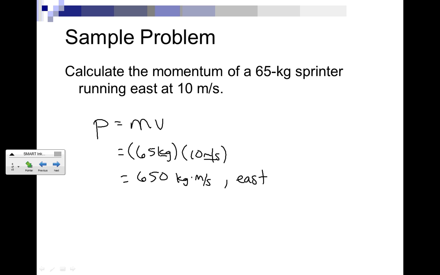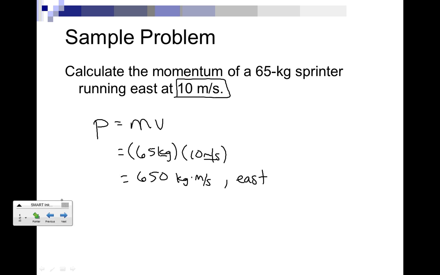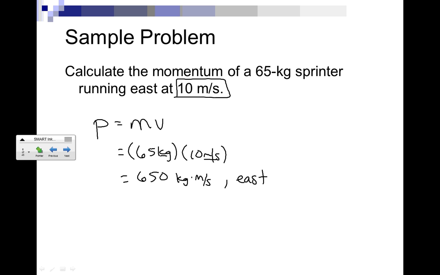You can have momentum in the east or the west, or the positive or negative, unlike energy. Energy is always a positive value. It's a scalar. It does not have a direction. Momentum does have a direction, and that's because it has a velocity, and velocity has direction. Direction is going to be very, very important when we get to conservation, so keep that in mind. These answers for momentum could be negative, and that's perfectly acceptable.